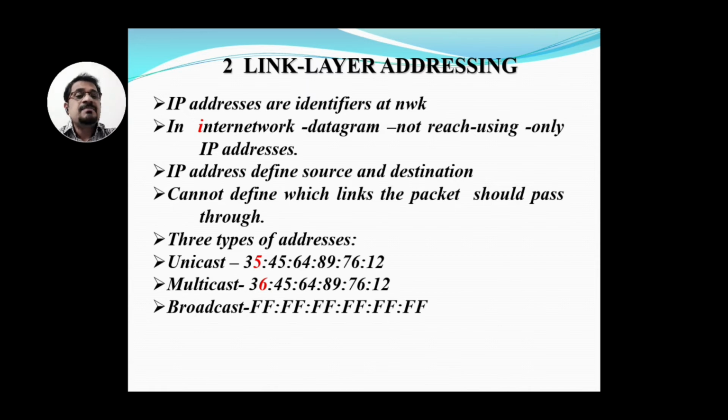The IP address defines only the source and destination network addresses. It cannot define which links the packet has to pass through. So sometimes it may be required to use different types of addressing mechanisms. The different types of addressing mechanisms are unicast, multicast and broadcast.